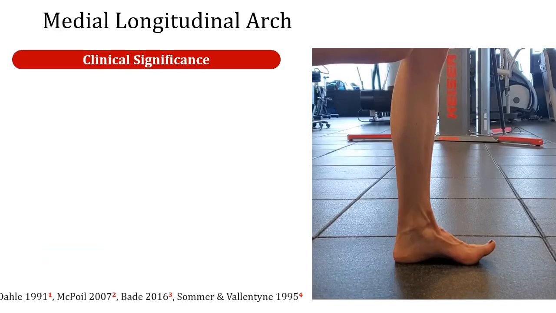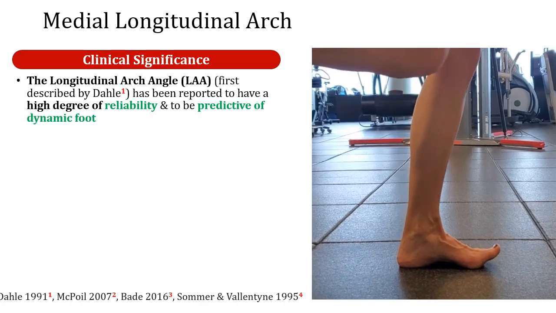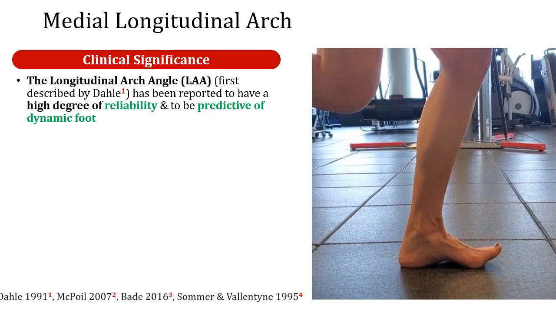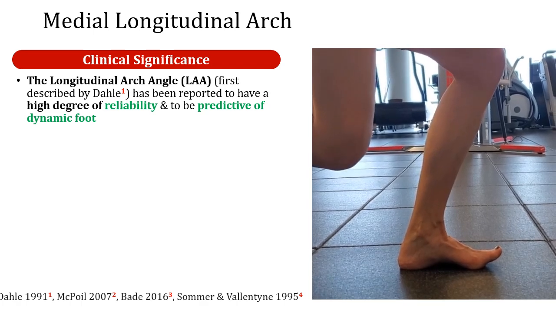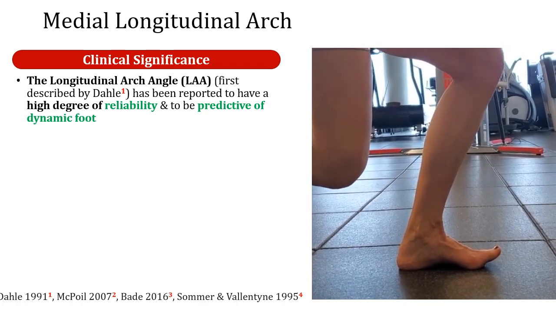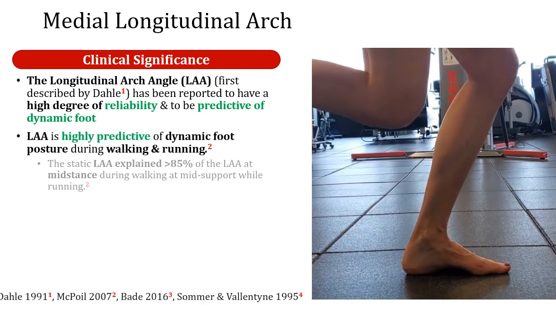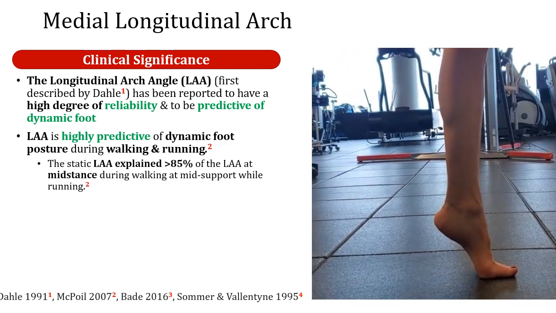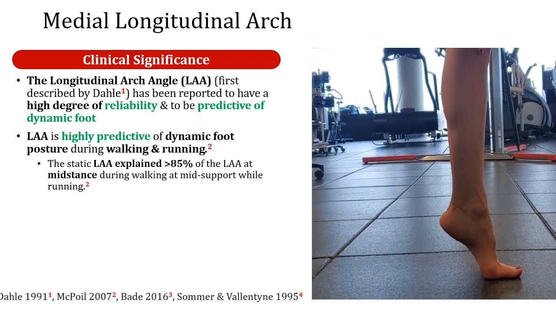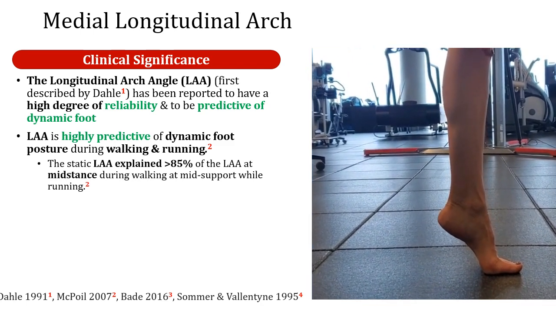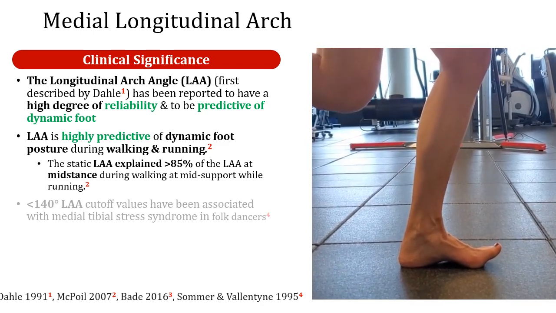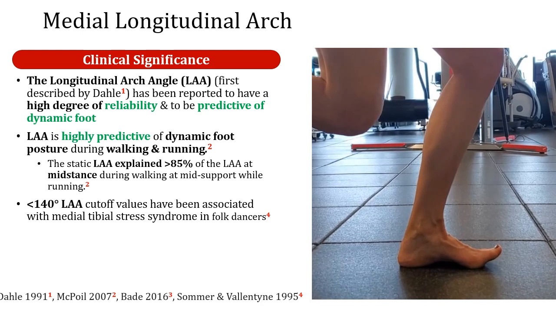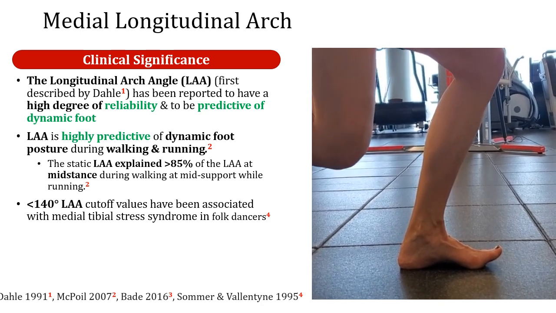Okay, so why are we going to look at the longitudinal arch? As I mentioned, it does have more of an anatomical fixed nature to it, but it's been reported to have a high degree of reliability and to be predictive of dynamic foot postures. So it's highly predictive of the dynamic foot posture during walking and running. Specifically, it can explain 85% of the LLA during the mid stance during walking and mid support during running.